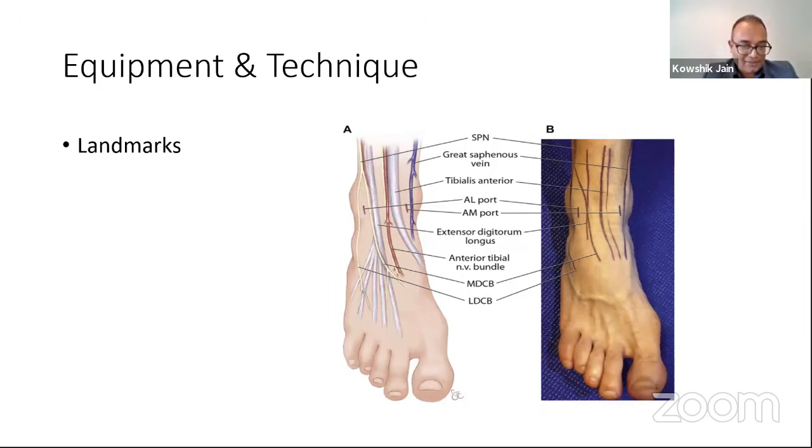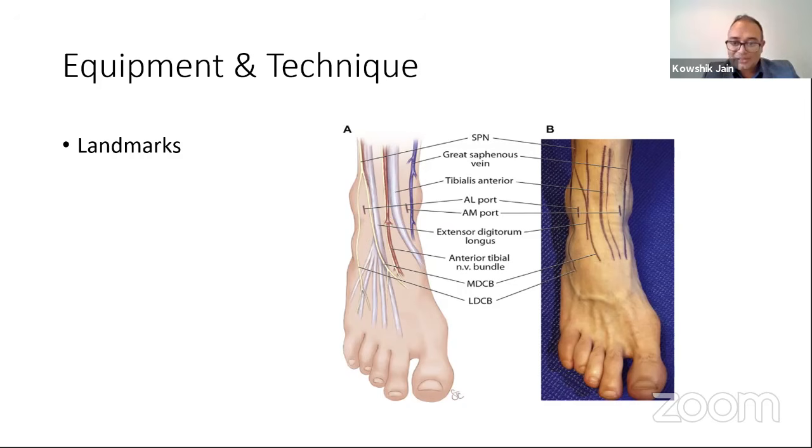And then move laterally. Laterally, you focus on the extensor digitorum longus tendon. I would be wrong in saying the second most common portal; the second portal which is always used is the anterolateral portal. The landmark is that it's lateral to the peroneus tertius tendon.